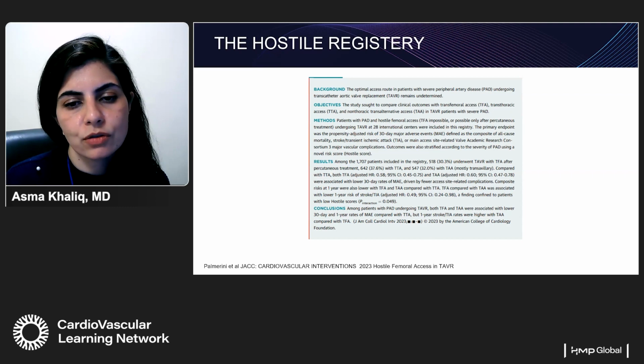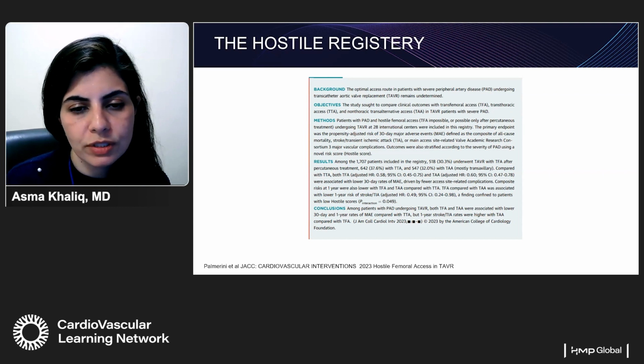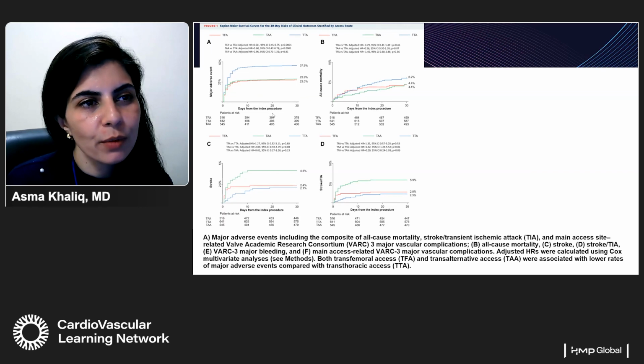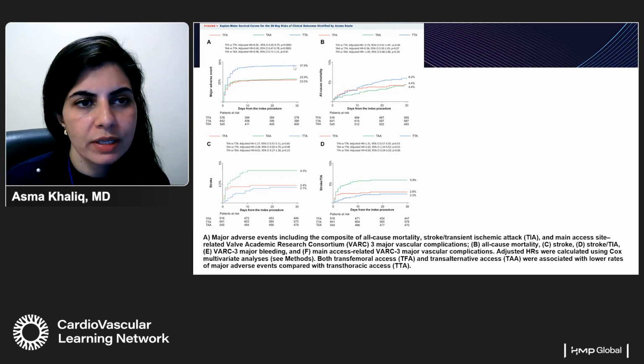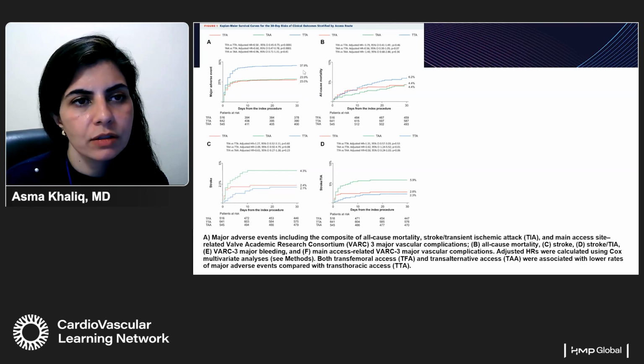However, at 1 year, the transaxillary TAVR had higher strokes and neurological events. I don't know how well it translates, but the green is transaxillary TAVR, the red is transfemoral TAVR, and the blue is other forms of transthoracic TAVR. As you can see, the major adverse events are significantly higher in the transthoracic TAVRs as compared to both the transaxillary and transfemoral, and the all-cause mortality was also higher in the transthoracic TAVR.